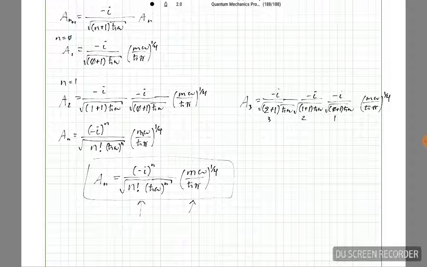So, just as you have a ball on a hill, classically, we know that's just going to fall down to the bottom. In quantum mechanics, we have a probability that it's just going to stick there. But the probability of finding it in the ground state is much higher.